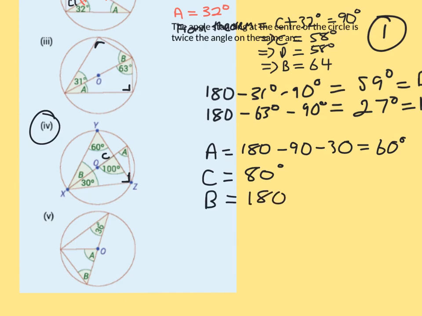And I'm going to look at this triangle here. So I have 180 minus 60 minus 80, because we know that C is 80. And that will give me B as 100 minus 60, which gives me 40 degrees.